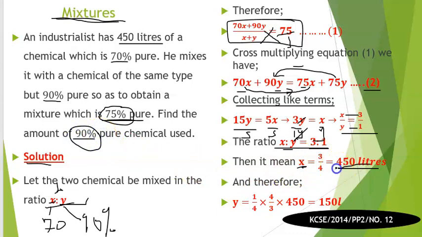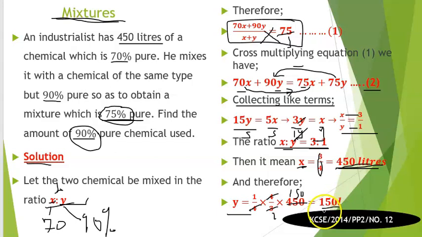So we say if 3 over 4 is 450, what about 1 over 4? We take 1 over 4 times the reciprocal of 3/4 times 450. This one will cancel with this. By 3 is 1, and by 3 here is 1, then 15 is 5, then 0. So the value of y gives us 150 liters.